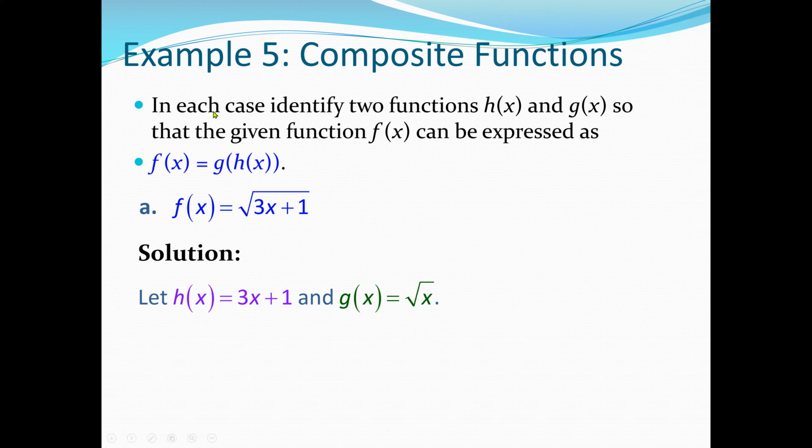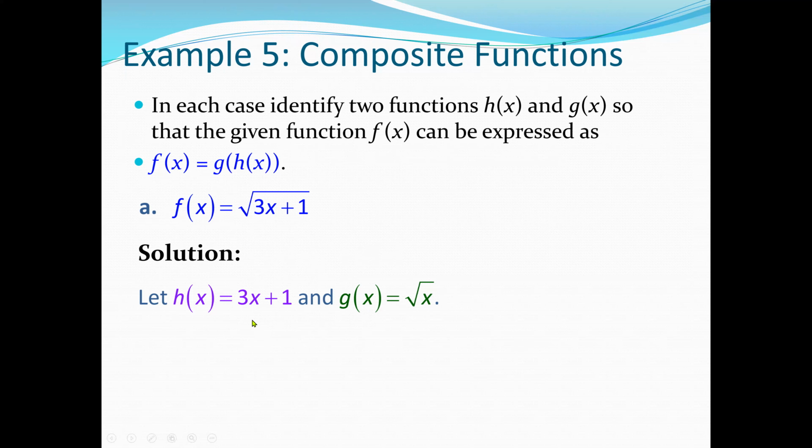So again, in each case, identify two functions, h at x and g at x, so that the given function f at x can be expressed as g at h at x. That's the composite g at h at x. And now we have f at x to be square root of 3x plus 1.